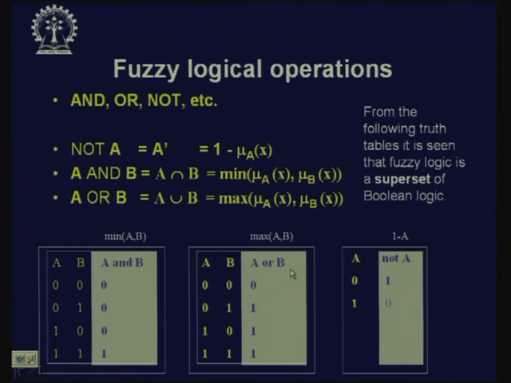Similarly, for OR, the max of 0 and 0 will be 0, 0 and 1 will be 1, 1 and 0 will be 1, max of 1 and 1 will be 1. So, in this way, you can see that fuzzy logic is actually covering our conventional logic. Fuzzy logic can be considered to be a superset of Boolean logic.